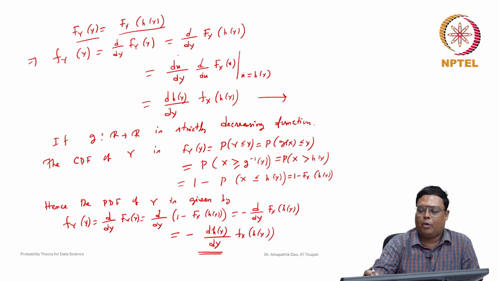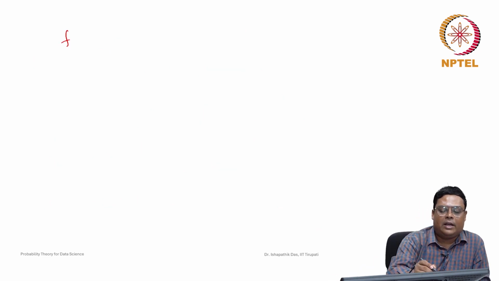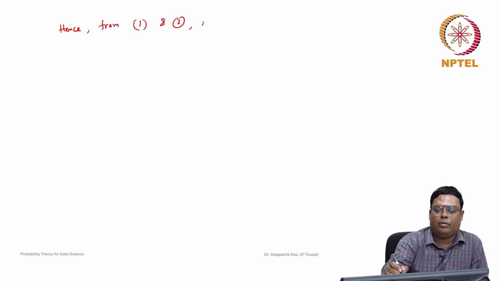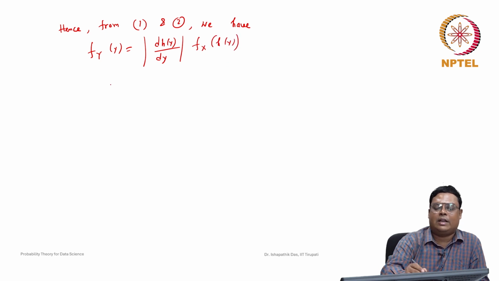So that's why, for both the cases, strictly increasing and decreasing, we can combinedly write, from 1 and 2, we have f_Y(y) is, because for the increasing case dh(y)/dy is positive, for the decreasing case it is negative, and again minus of this will be positive again, times f_X(h(y)). So if you consider both the cases, this is the theorem.